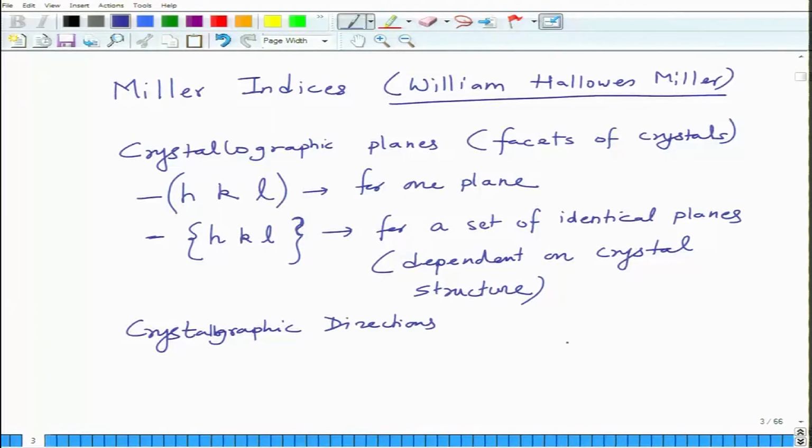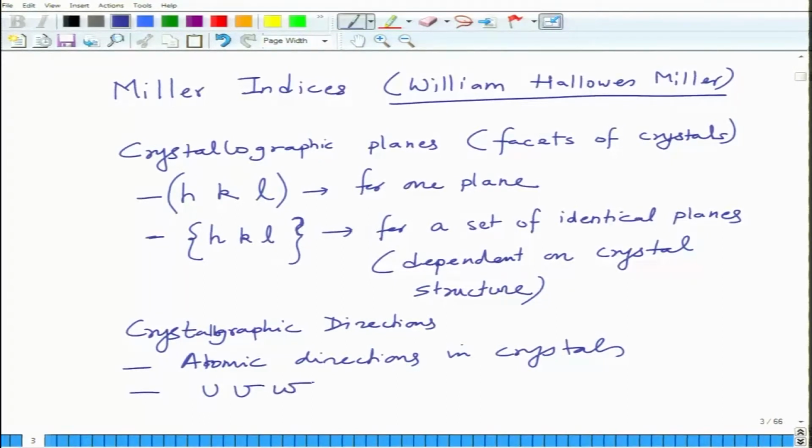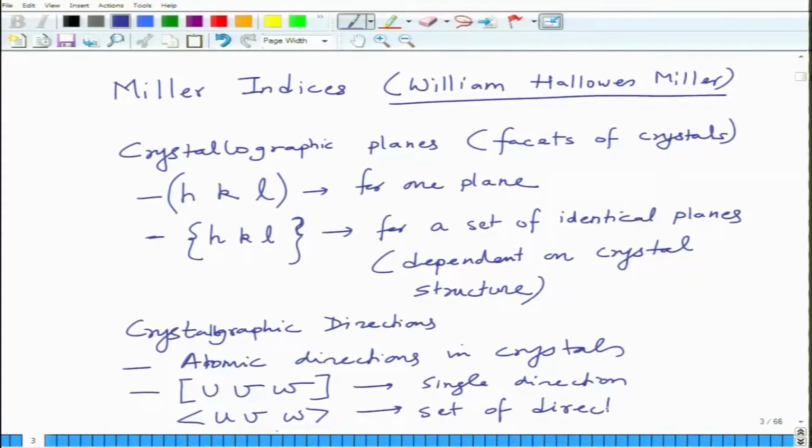So, the second thing is crystallographic directions. Crystallographic directions are various atomic directions. So, you can say atomic directions in a crystal, and these are depicted as U, V and W. So, U, V and W in this bracket is a single direction, and if you write in this fashion U, V, W, then it is a set of directions, and again just like planes, it is dependent upon the crystal structure.